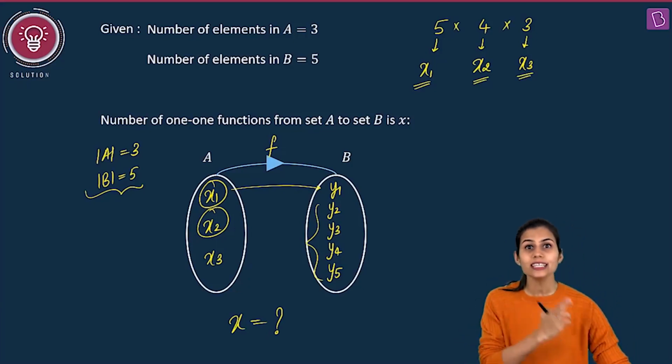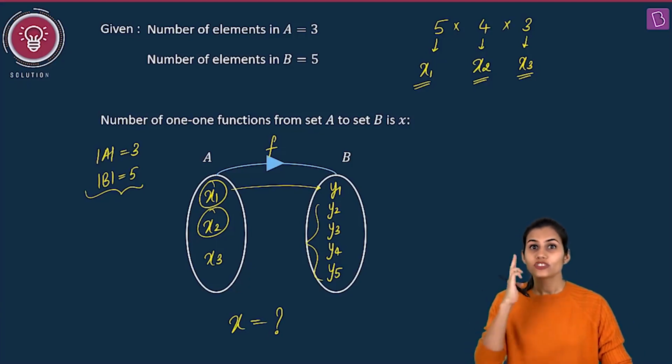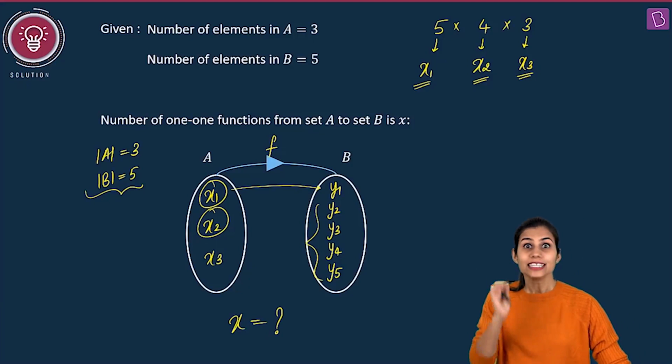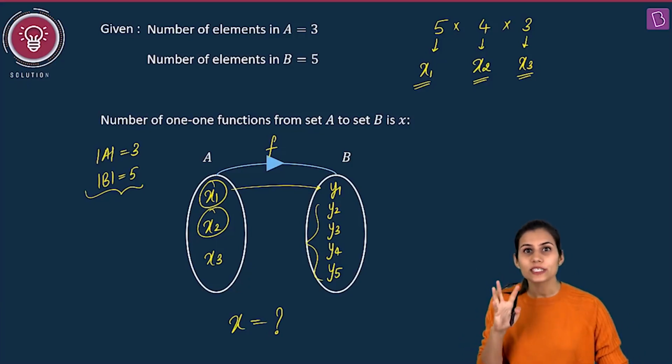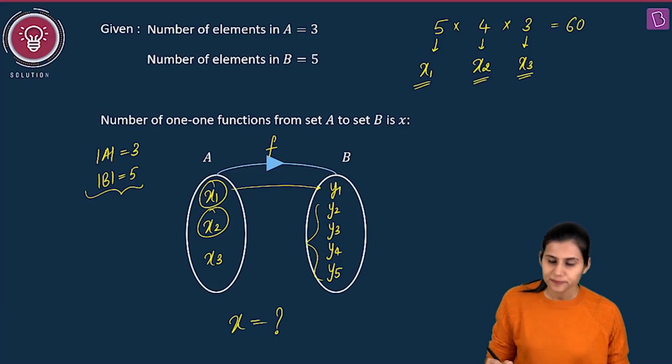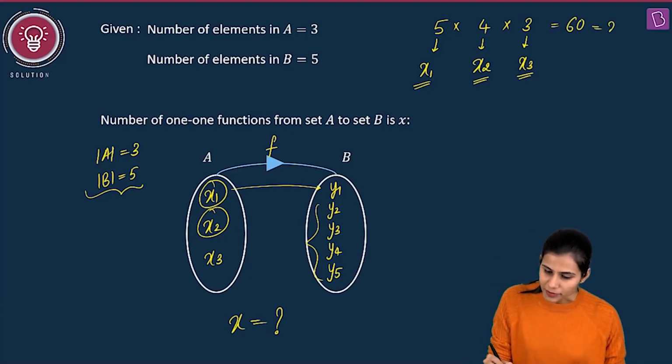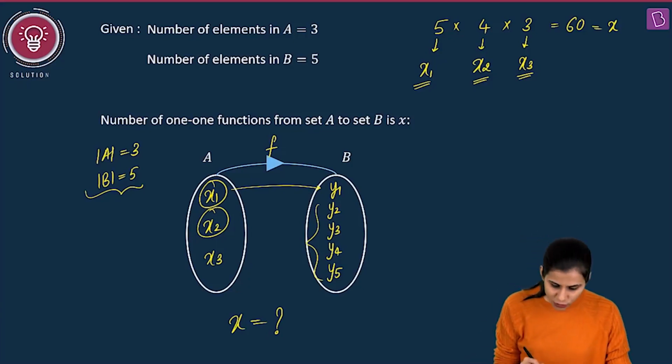That means the total number of ways in which x1, x2, x3 can be mapped to the members of set B such that the correspondence is 1-1 are 5 into 4 into 3, which is 60. This is the total number of 1-1 mappings from A to B, which is my x. So I have deduced x.